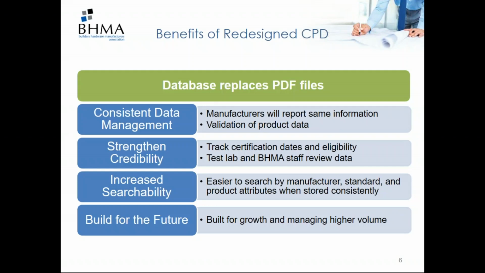With this new CPD system, you should be able to search by product. The user is going to be able to use the public interface to search for those products, and we're looking to add a variety of types of searches by manufacturer, by standards, by products and attributes.